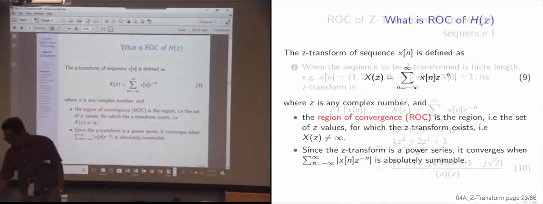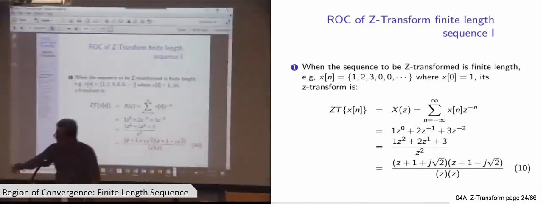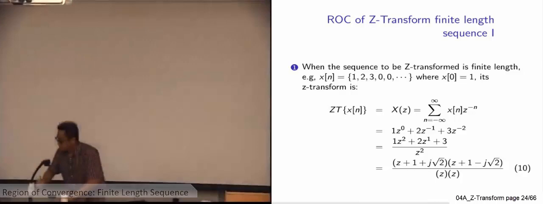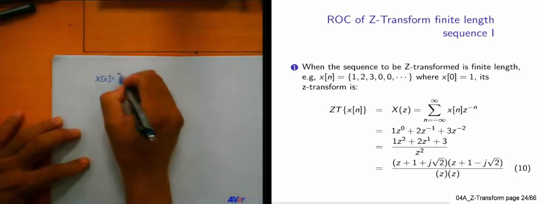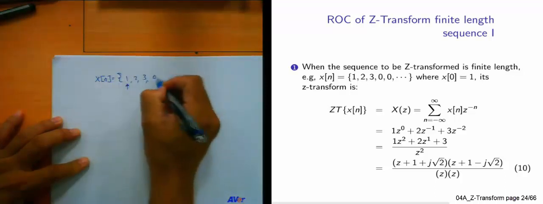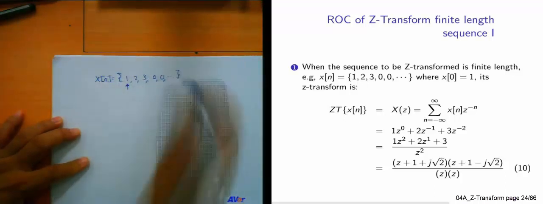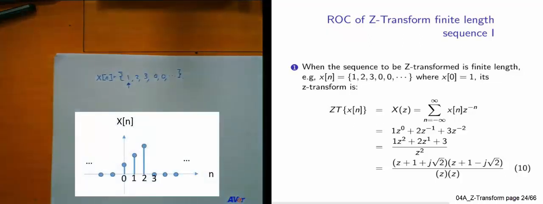Let's try the simplest example. Now I have x[n] equals 1, 2, 3, followed by a sequence of 0s. So this is a finite length sequence. x[n] only has values at n equals 0, 1, 2, with the rest of the values 0.